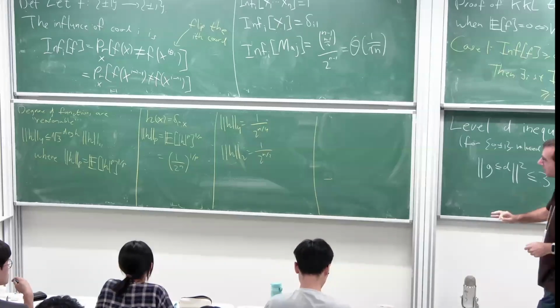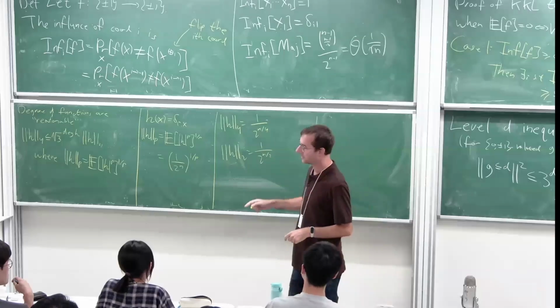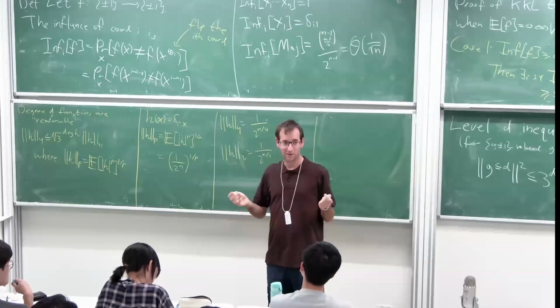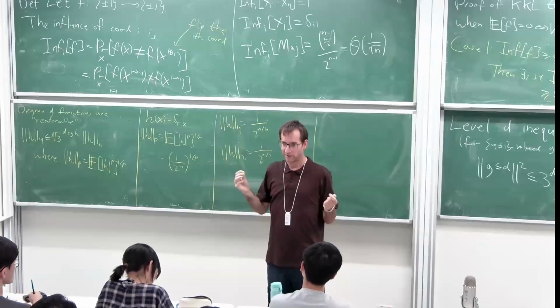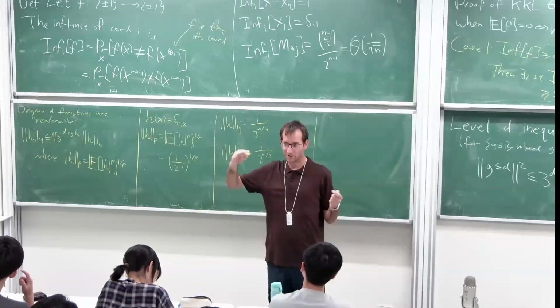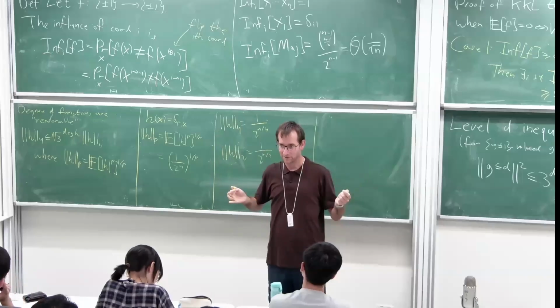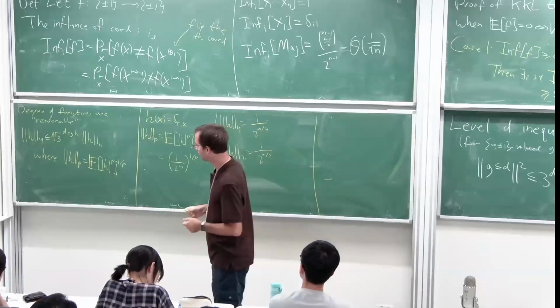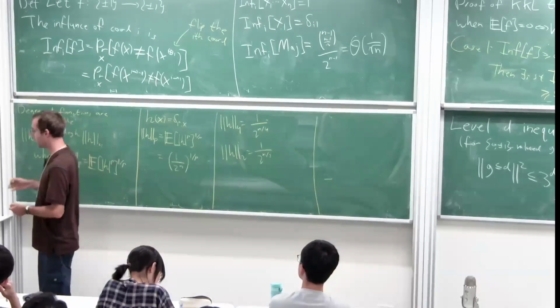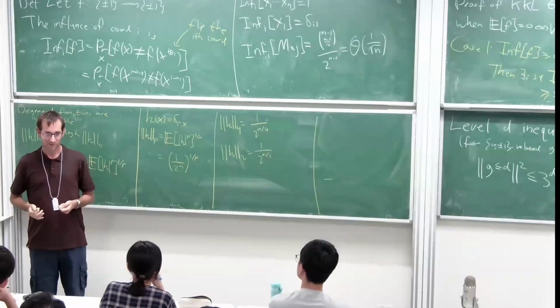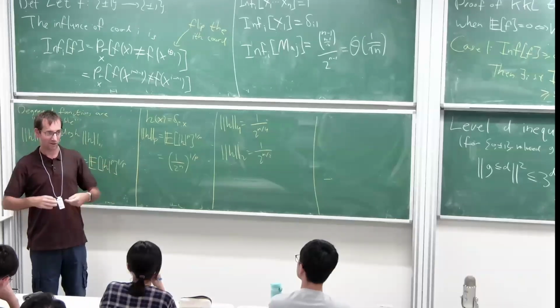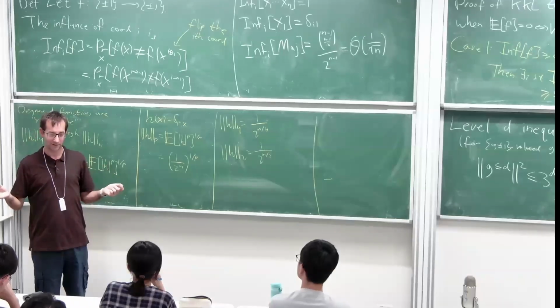Take the infinity norm, which is just the maximal value of the function. For a delta function, the infinity norm is 1, but the L2 norm is small. So this ratio between the norms measures the spikiness of the function. What this means is that low degree functions can't be too spiky.